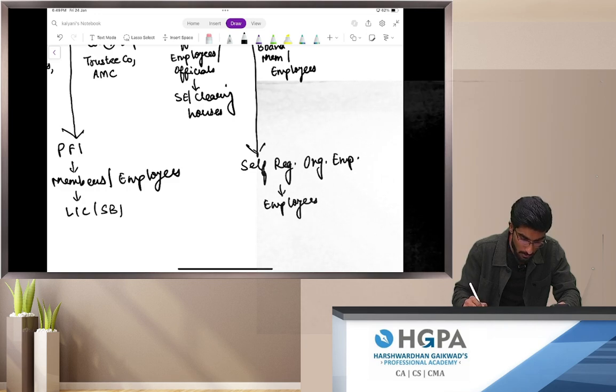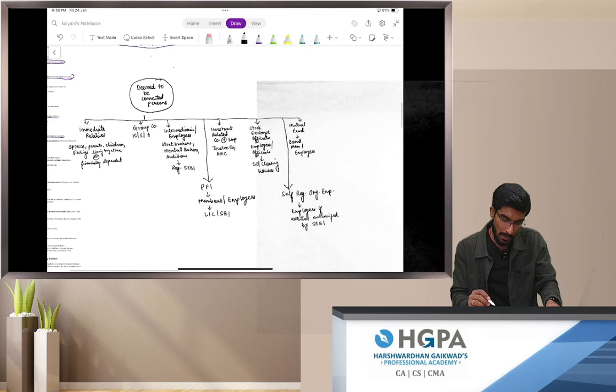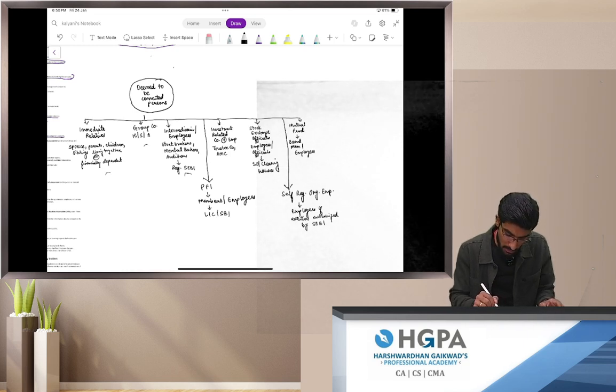Employees of entities authorized by SEBI. Okay, so how many people? How many deemed to be connected person? 1, 2, 3, 4, 5, 6, 7, 8.